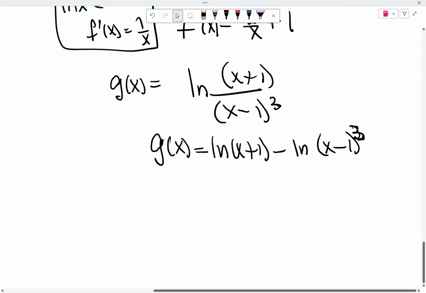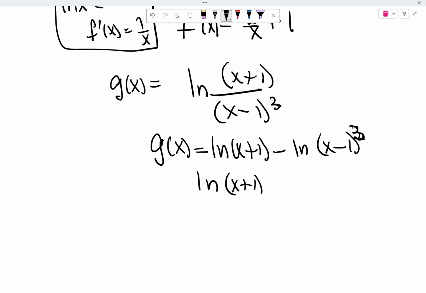So far, you understand this part, right? And now the next step, if we use the power rule, we have natural log of x plus 1, and this is really taking it step by step, minus 3 natural log of x minus 1. That's using the power rule. And now we express the derivative equivalent.